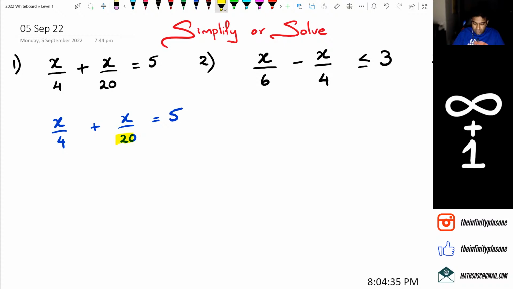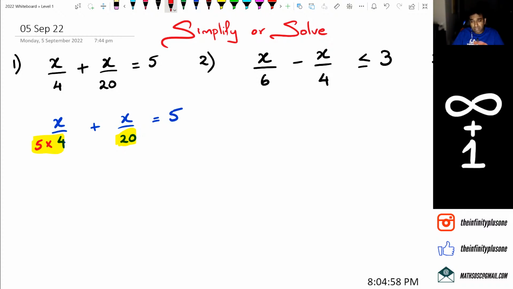The denominator here is 20, and somehow I need to make this denominator into 20. You can see I've highlighted it in yellow. In other words, I need to convert that 4 into a 20, and I do it by multiplying by 5.